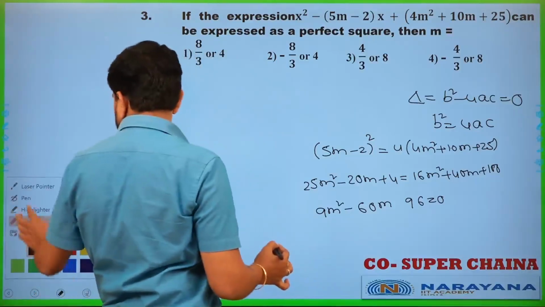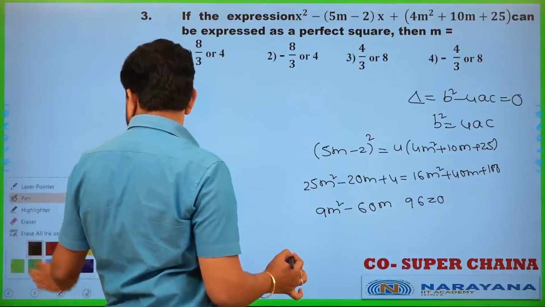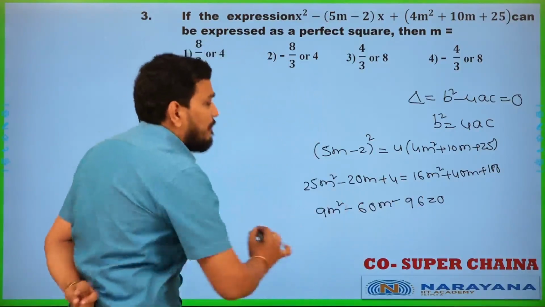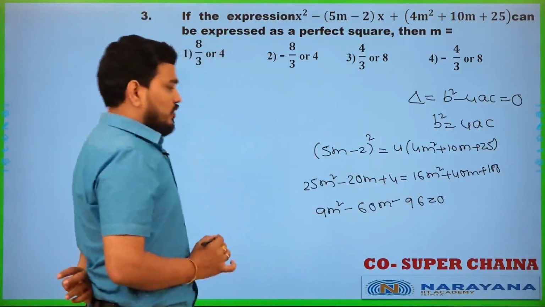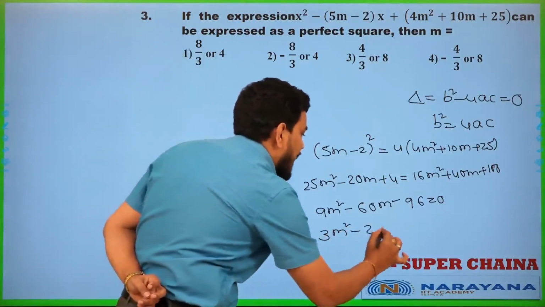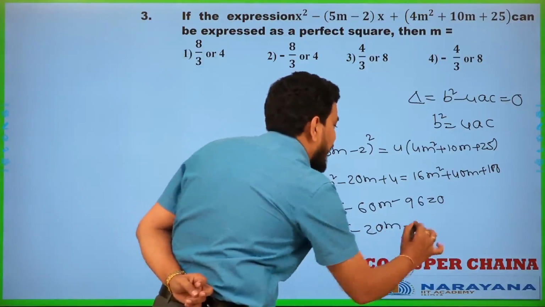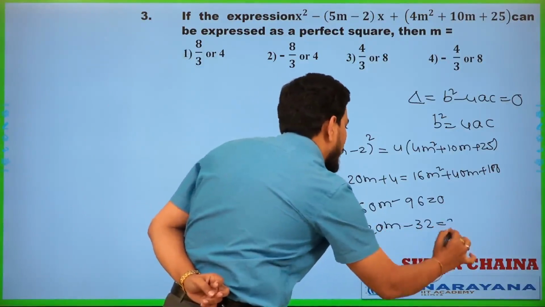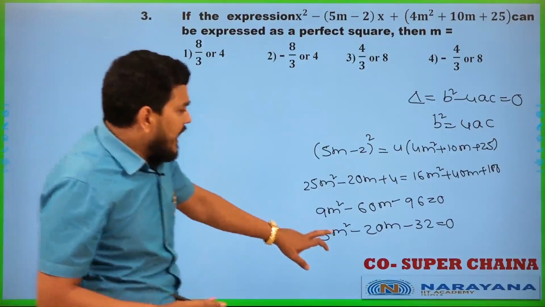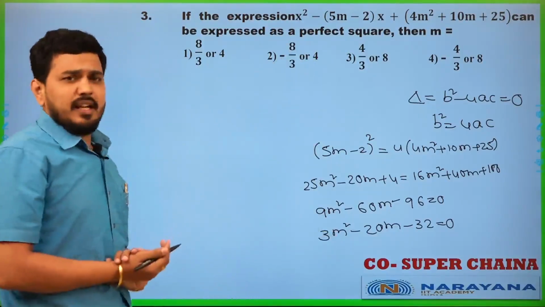Now by dividing with 3, you can write it as 3m square minus 20m minus 32 is equal to 0. By looking at this one, you can go and check the answer.